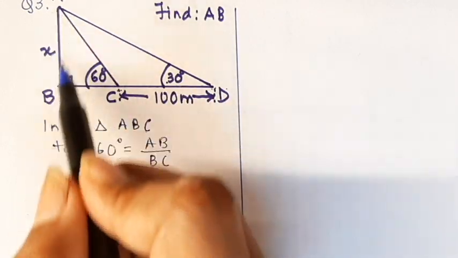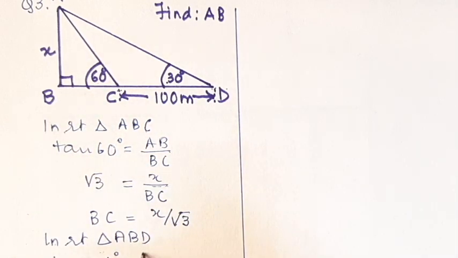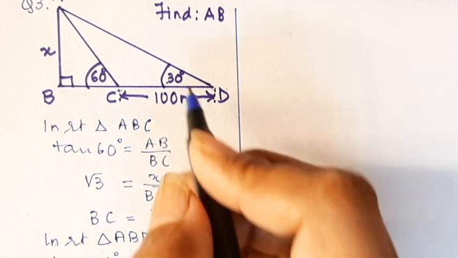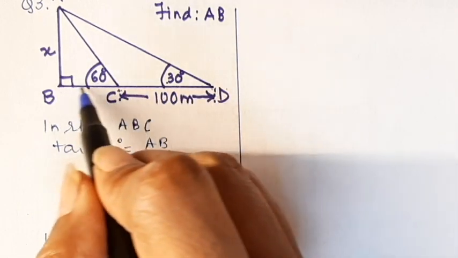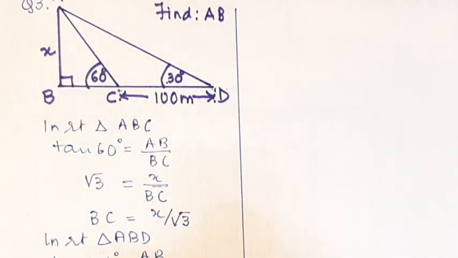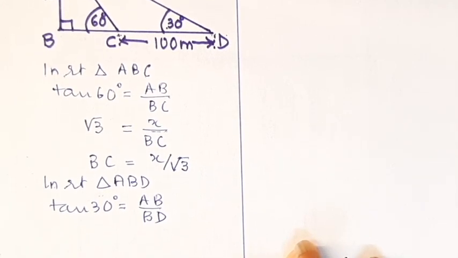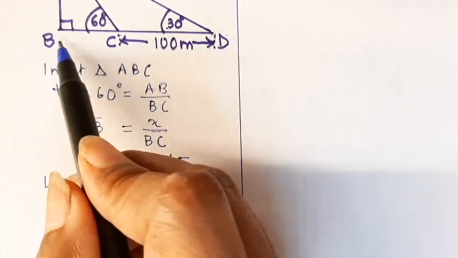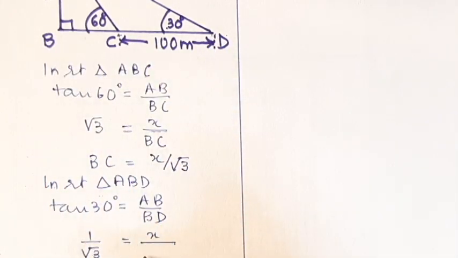Opposite to 30 degrees is AB, and adjacent to 30 is BD. Let us write the value. Tan 30 degrees is 1 upon root 3, and that is equal to AB is X, and BD, as you can see, is BC plus 100.